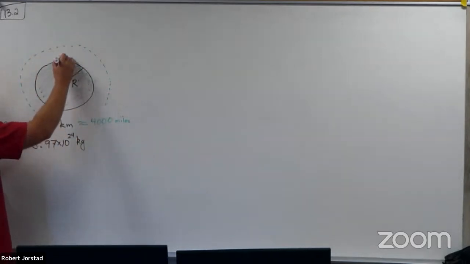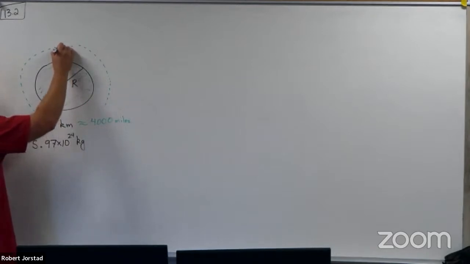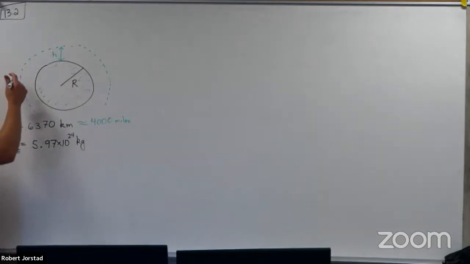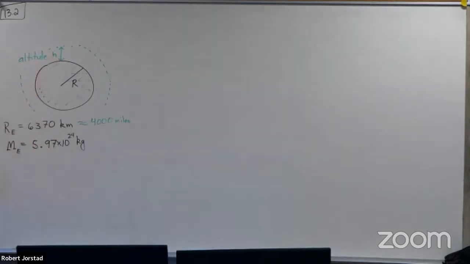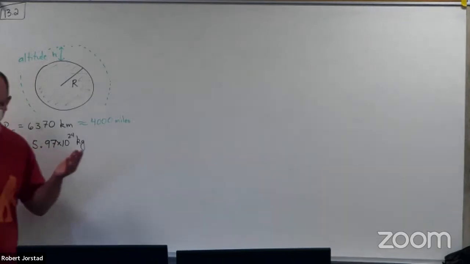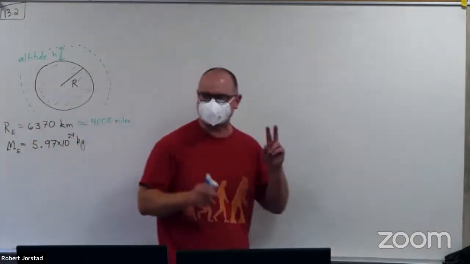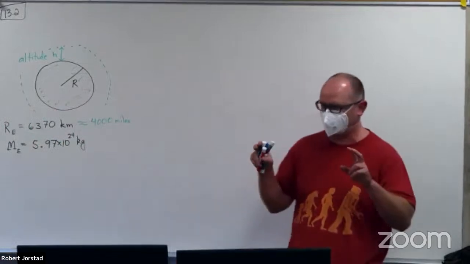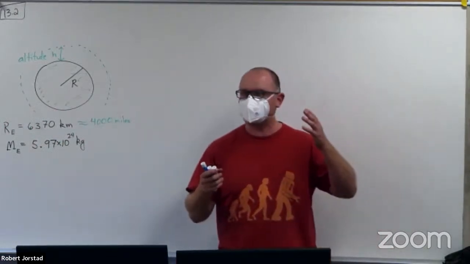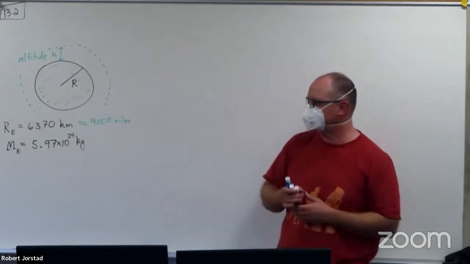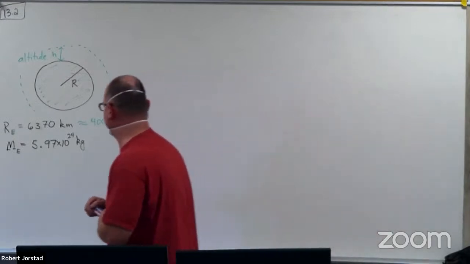Let's say you're sitting here at some altitude, h. So h will be called the altitude. Normally, we talk about the altitude h above a planet's surface. For example, when you talk about a plane flying, they don't talk about the center-to-center distance between themselves and the Earth. Planes always talk about being 30,000 feet in the air or so many thousand meters in the air.